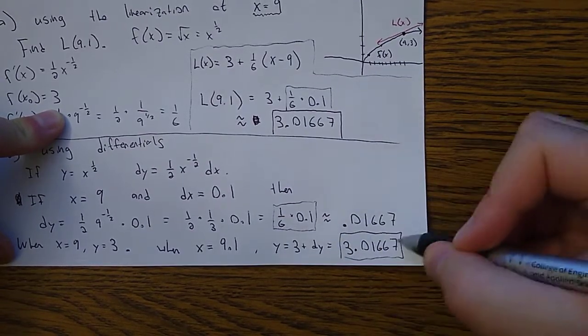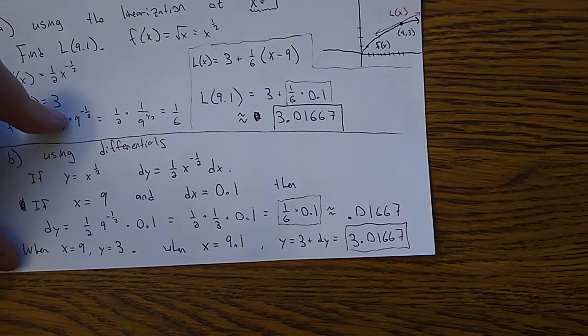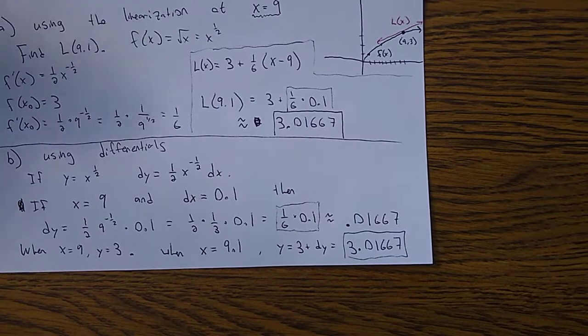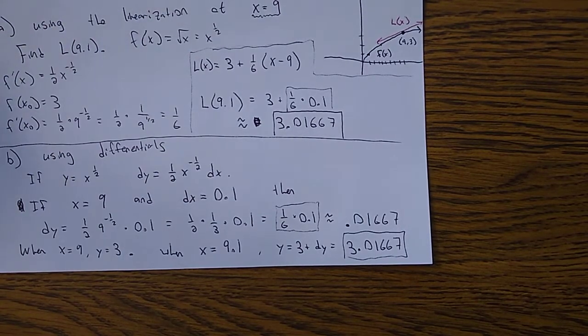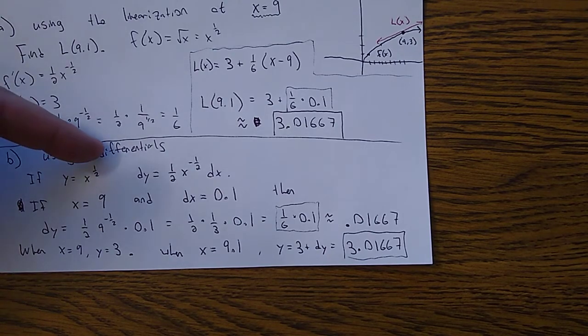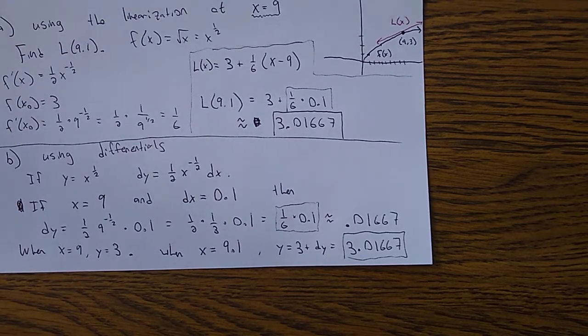So of course we get the same answer again. It's kind of two different ways, but as I pointed out, these ways are fundamentally the same. And maybe this illustrates what differentials are good for. It's good for approximating small changes in x and small changes in y.